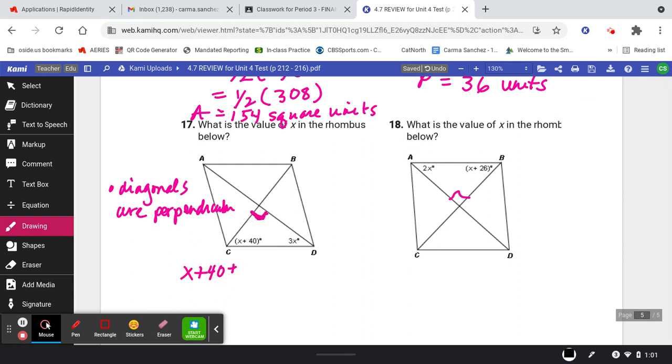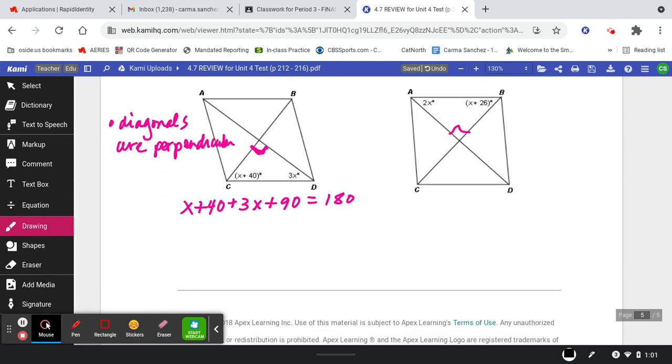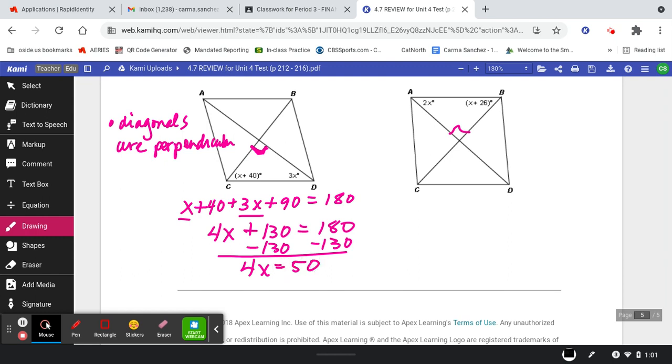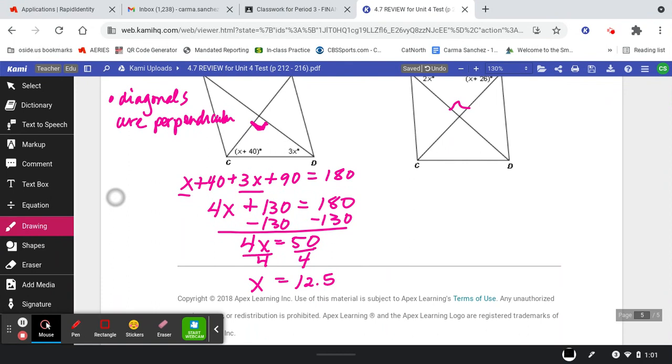X plus 40 plus 3x plus 90 equals 180. And go ahead and grab your calculators and finish this off. Double check those numbers. Now notice it's asking for the value of x. It's not asking for an angle measure, so we're done.